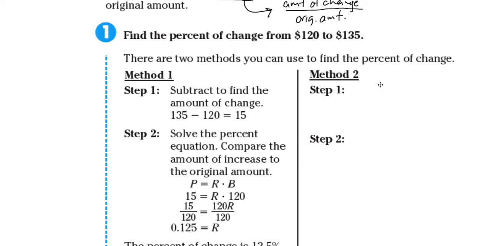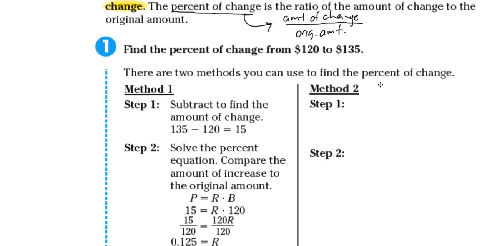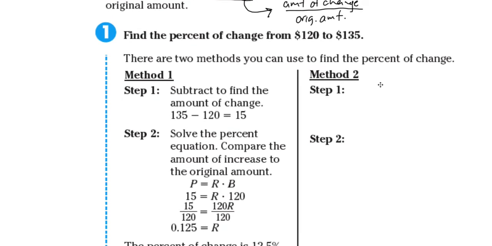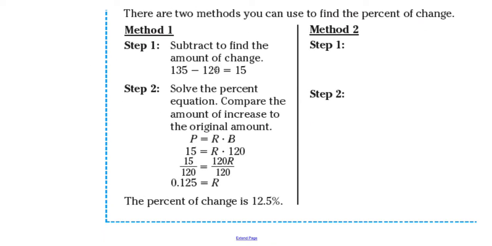If you look at method 1, and if we follow the formula amount of change over original amount, so this will become our amount of change right here, 15. This is another formula which you can use.